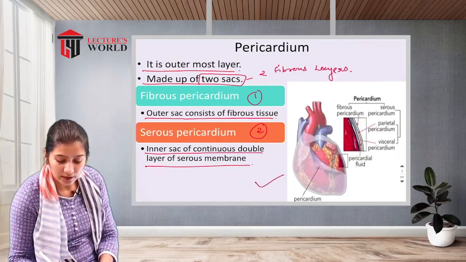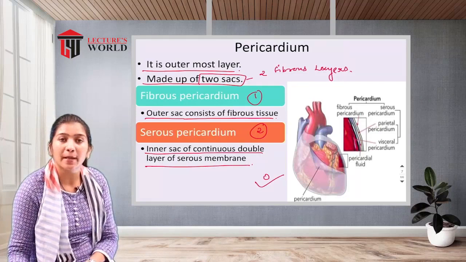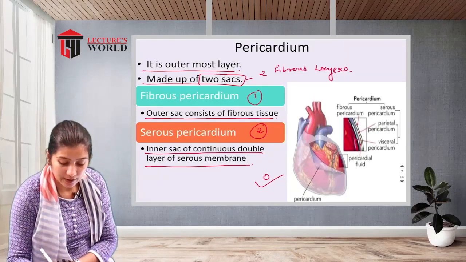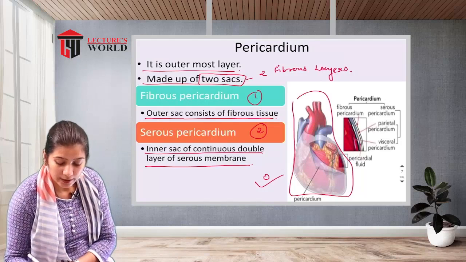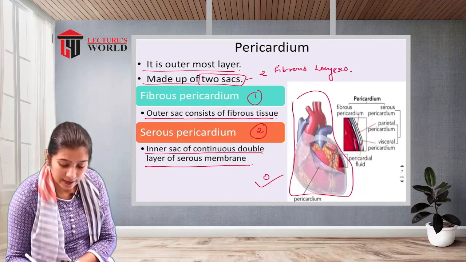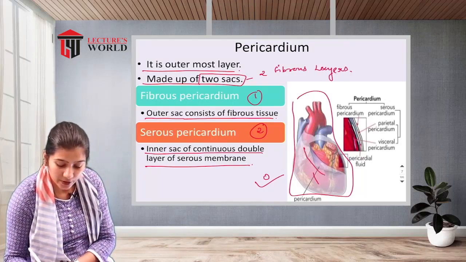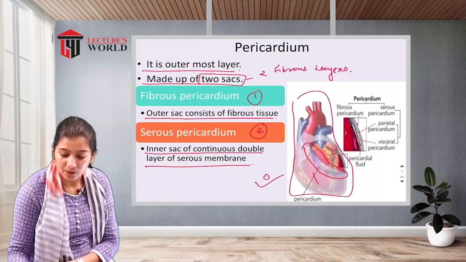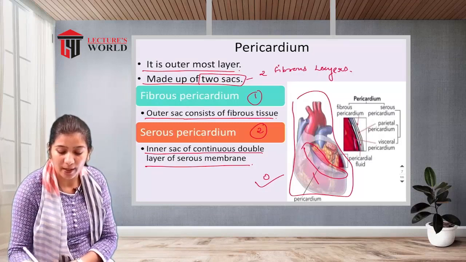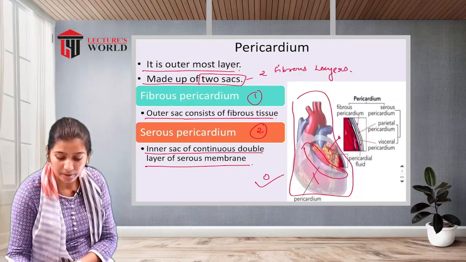So this is a microscopic structure of the pericardium layer. This is the heart. The transparent cover you are seeing, here is a section of that cover. It is the pericardium, and the microscopic structure of the pericardium you can see over here.